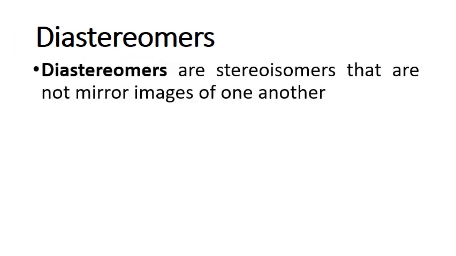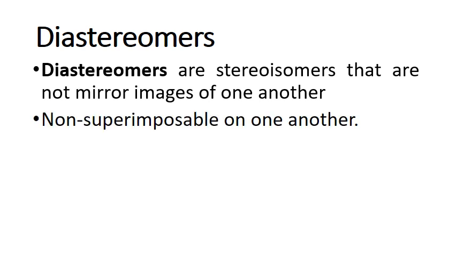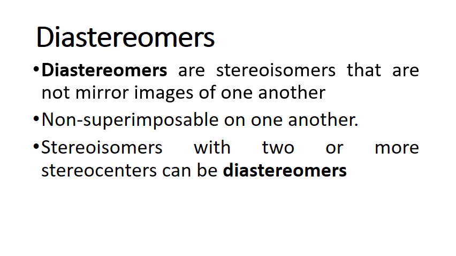Now diastereomers. They are isomers, but not mirror images of one another, and non-superimposable on one another. Stereoisomers with two or more stereocenters can be diastereomers.